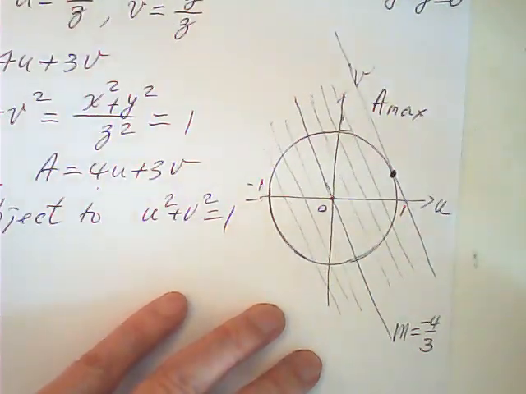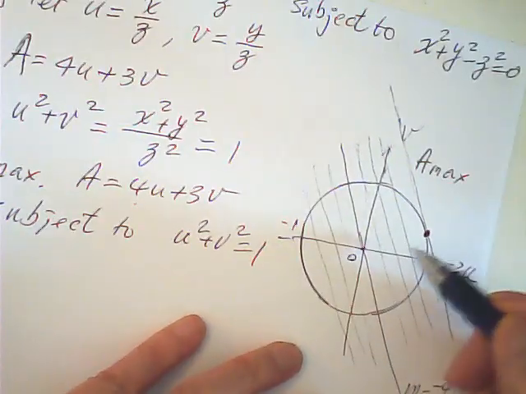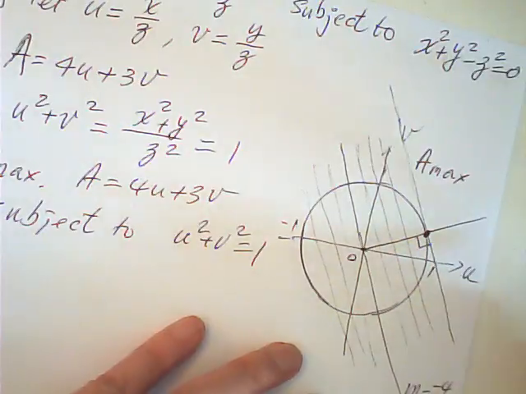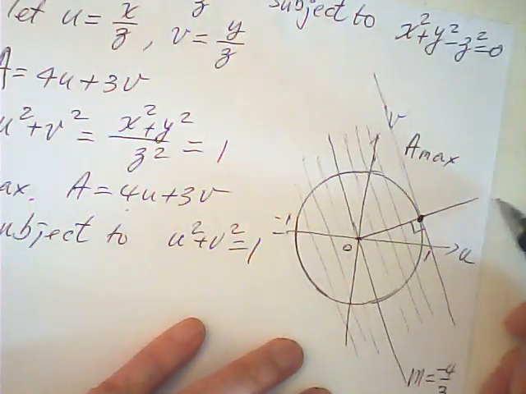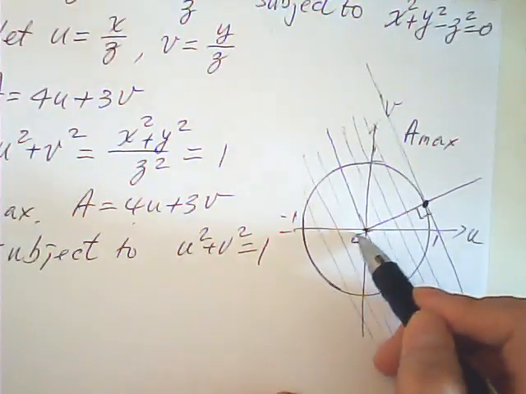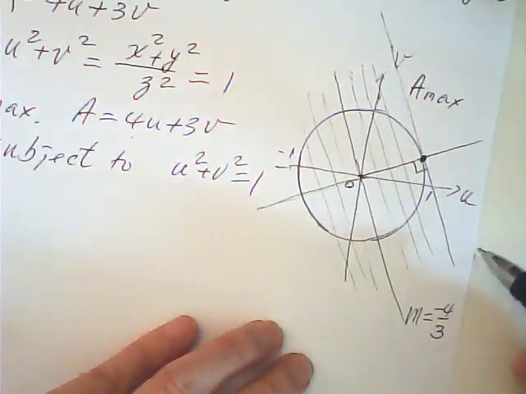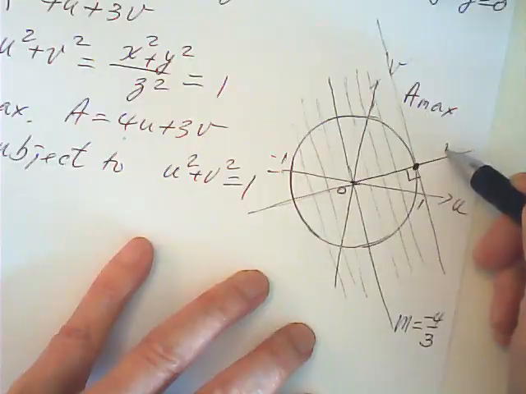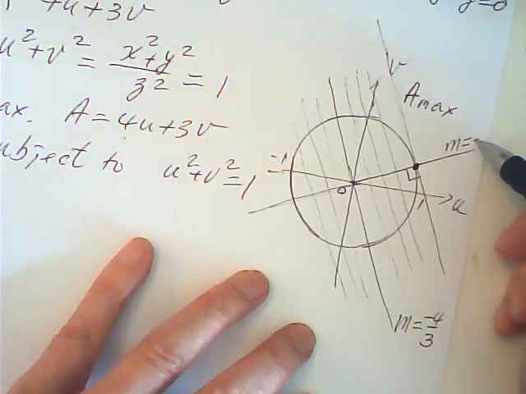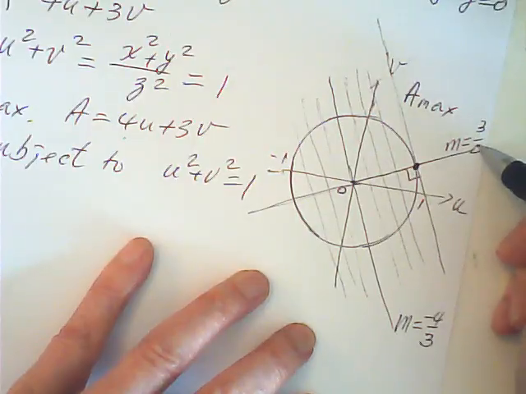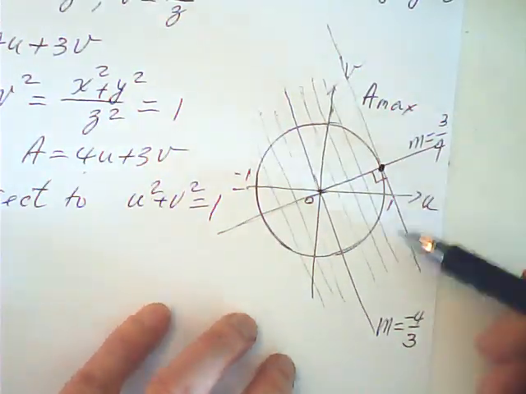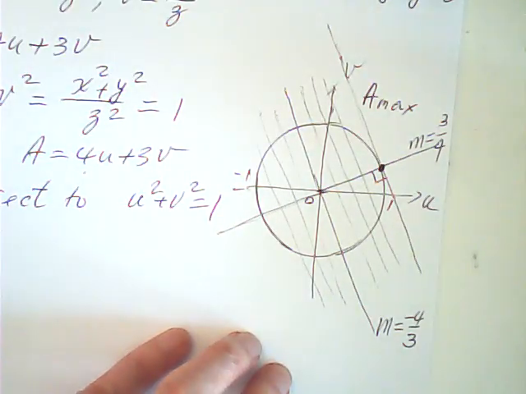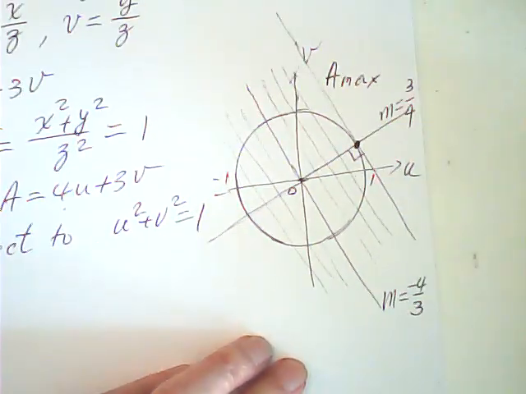Very easy, because this is a tangent line. Therefore, it must be perpendicular to this straight line, right? Since the slope is minus 4 over 3, therefore this slope must be equal to 3 over 4. They must be negative reciprocals, the slopes.